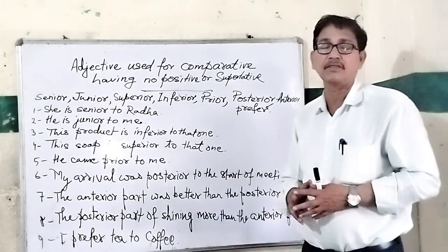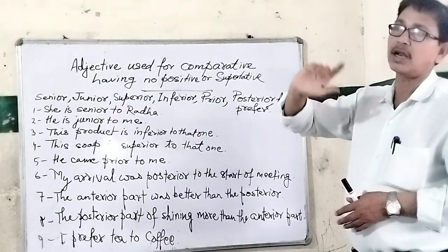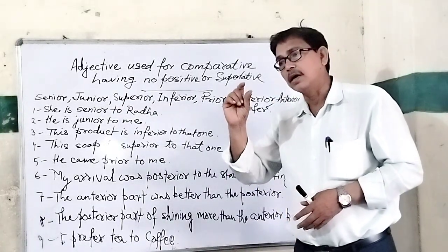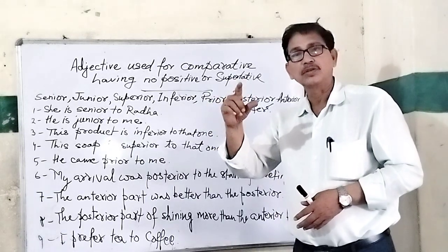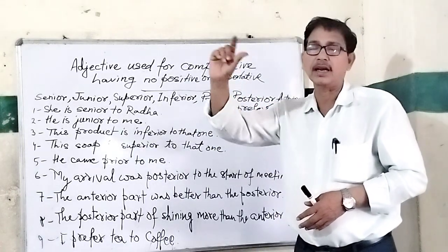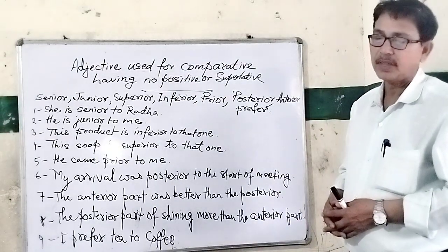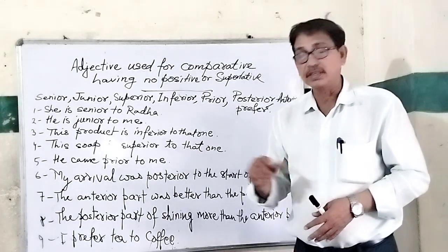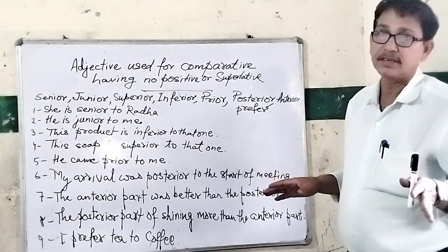Although for all comparative degrees, for example, if I talk about taller, it has tall and tallest. If I talk about smaller as comparative degree, the positive will be small and superlative will be the smallest. But here I am talking about certain words which are used in comparative degree but they don't have positive and superlative.